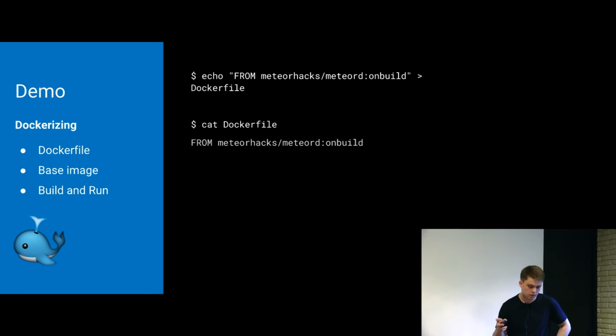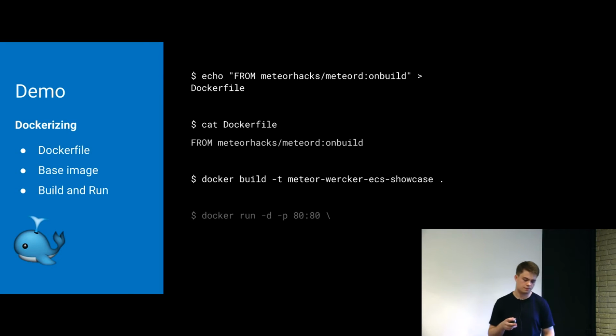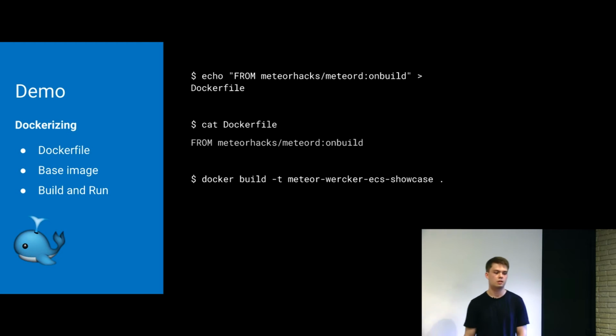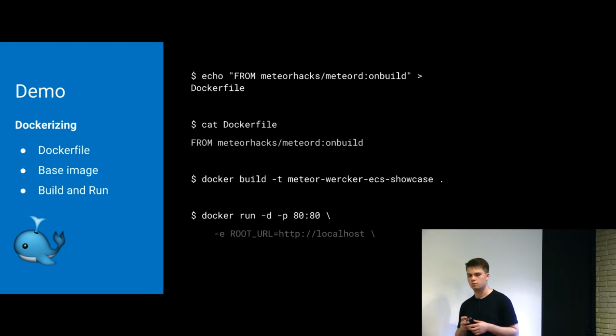So we can begin with just a one-liner Dockerfile, which under the hood looks like a few hundred lines, which will allow us to build our application and package it into the image with this command. It's pretty simple.